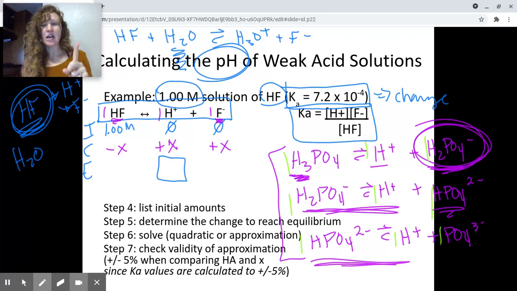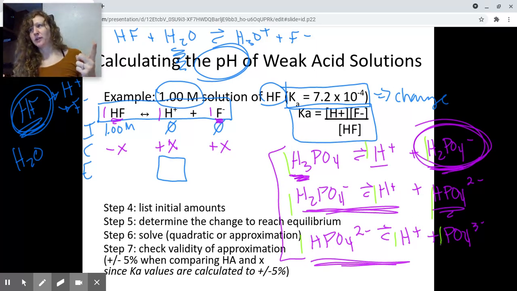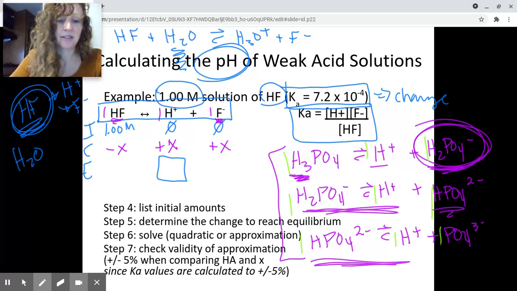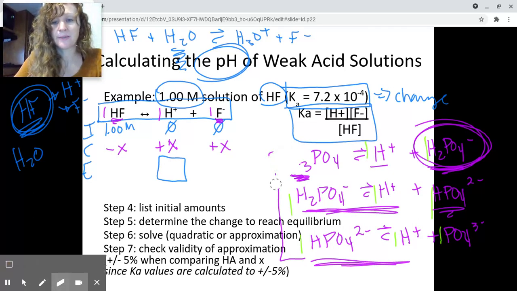So this is like a 1 out of 5 or 6 chance that the coefficients come out 1 to 1 to 1. So it's worth pausing and making that consideration every time you determine the change. Don't just get used to it being a 1 to 1 to 1 ratio, because not all reactions do this, just acids when they're by themselves.